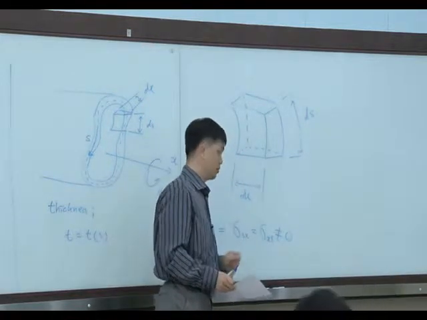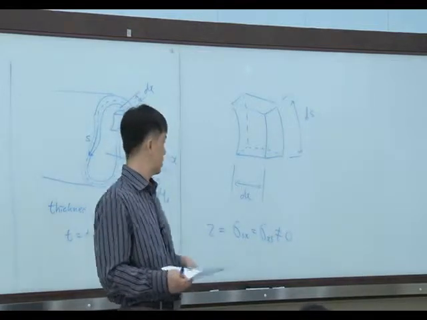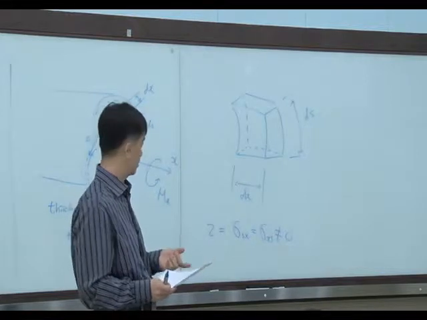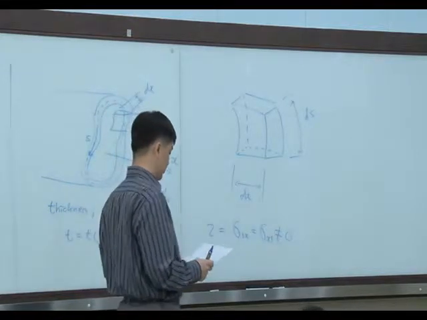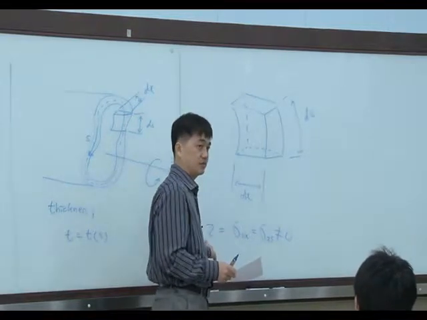So only one non-zero shear stress exists, and let's say that stress is tau.